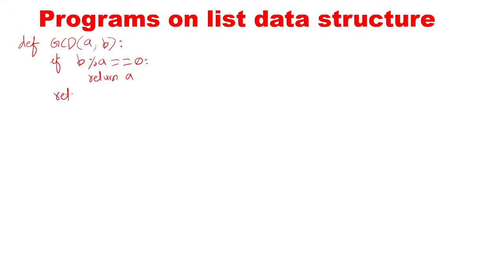Otherwise, we call the same function GCD, where the first argument is the remainder, B mod A, and the second argument is the previous A value, which now becomes B. That's it. This is your function. Yes or no? That's why I asked you to write these kinds of functions. If you learn writing such functions, it becomes easy to solve some complex problems.